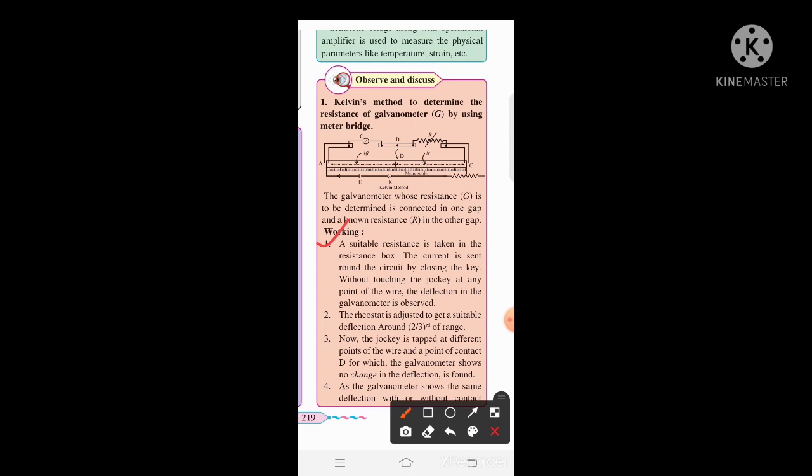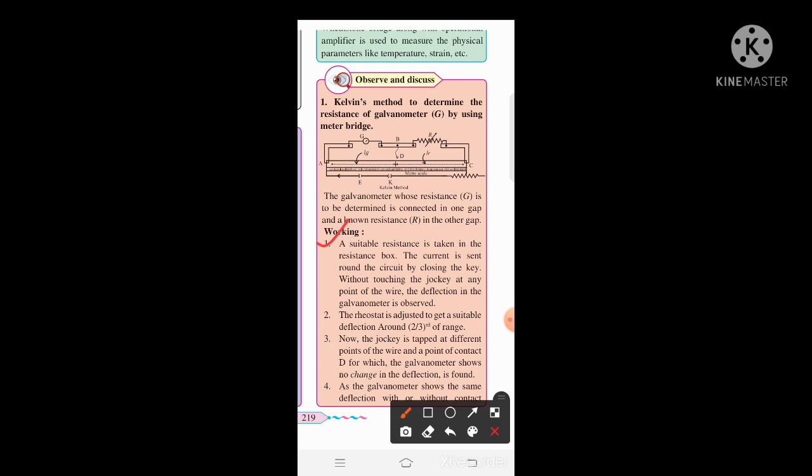First, a suitable resistance is taken in the resistance box and current is sent through the circuit by closing the key K. After that, without touching the jockey, at any point of wire AC, we see the deflection in the galvanometer and note it down. That is the deflection before touching the jockey at any one point of wire AC.